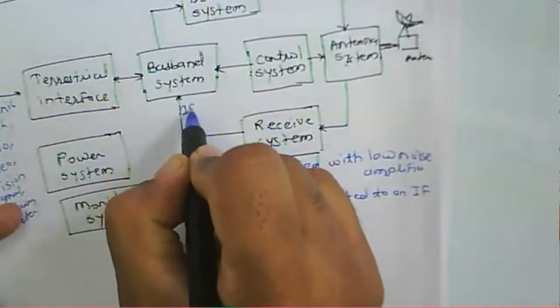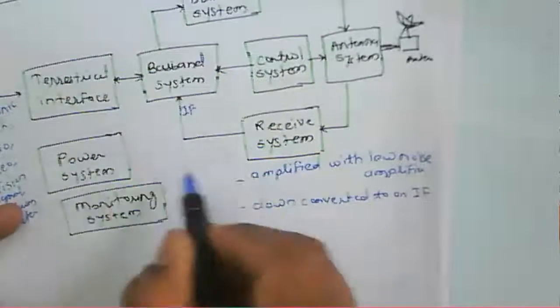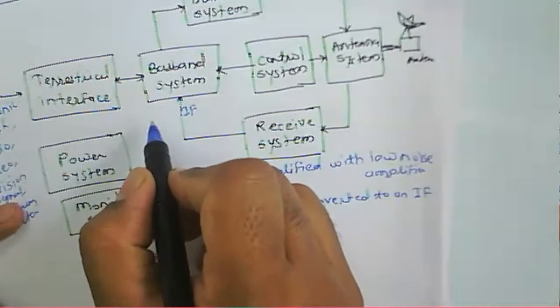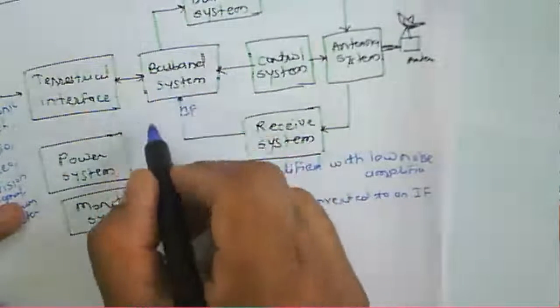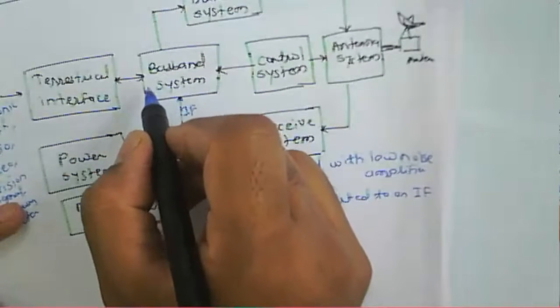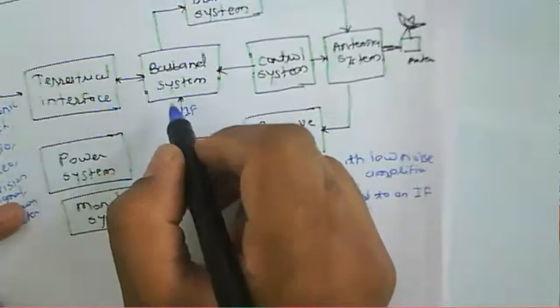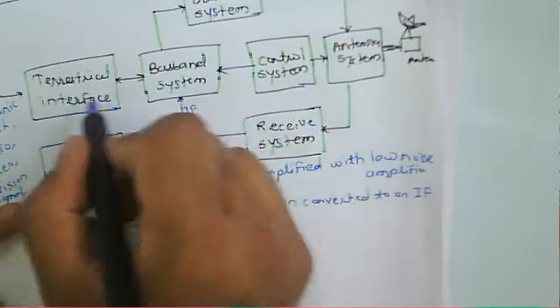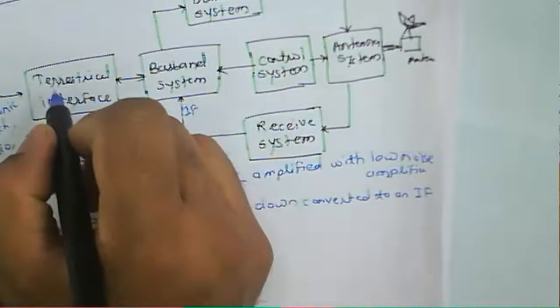So the IF will be given to the baseband system, and whichever IF is received will be demodulated, and then that baseband signal will be transmitted to the terrestrial interface unit.